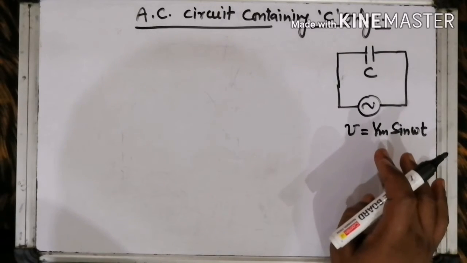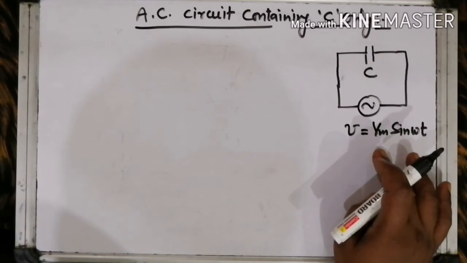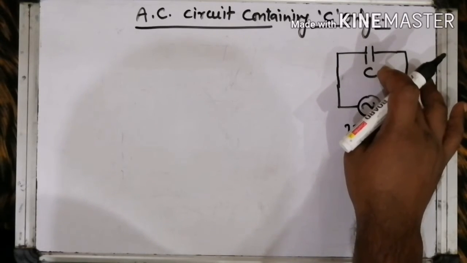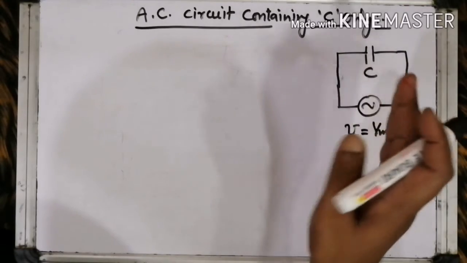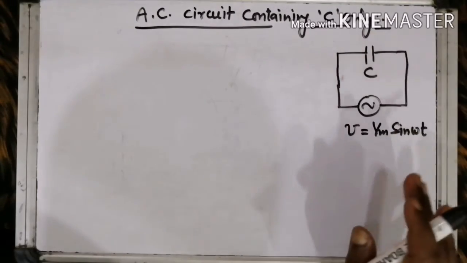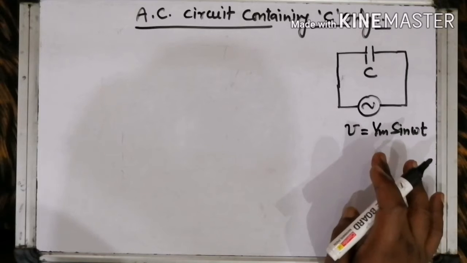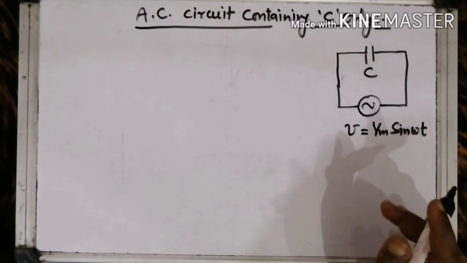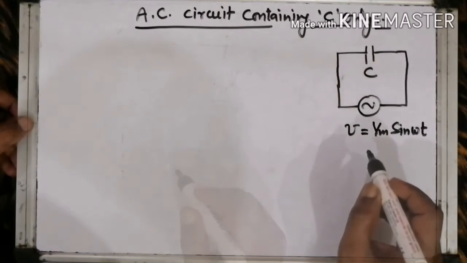When an alternating voltage source is applied across the plates of the capacitor, then the capacitor is charged in one direction and then in the other direction as the voltage reverses, and an alternating current is set up in the circuit.